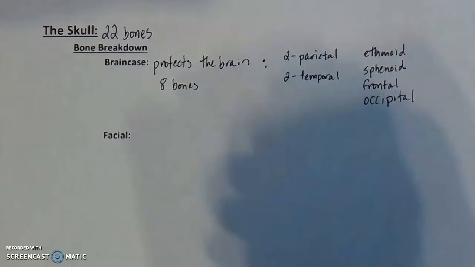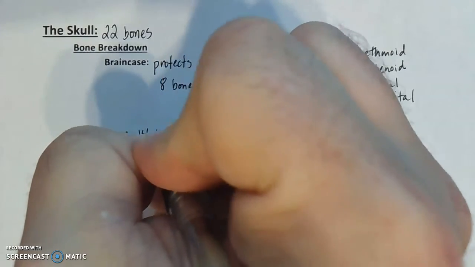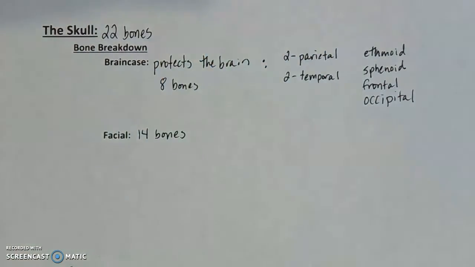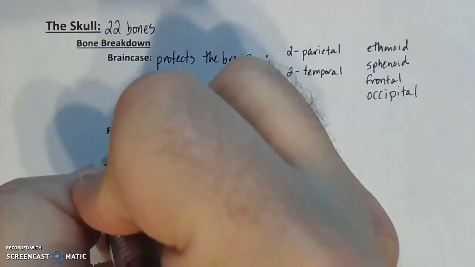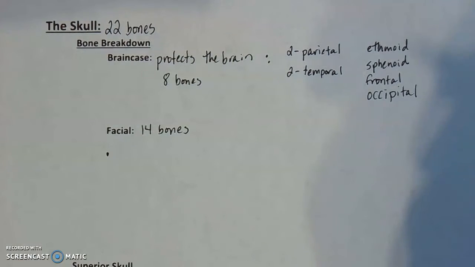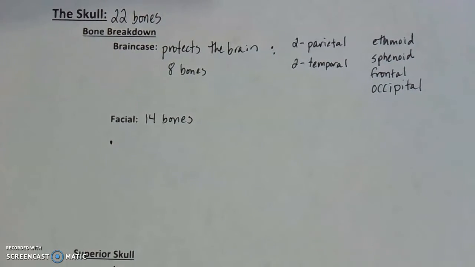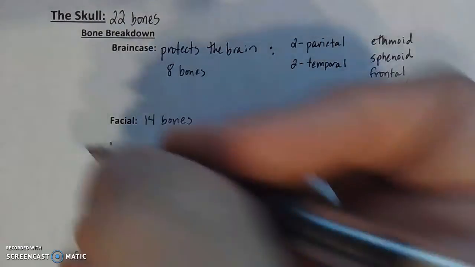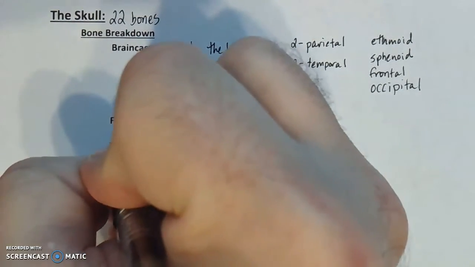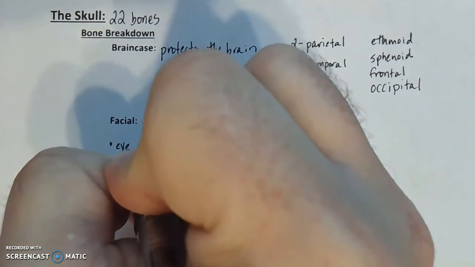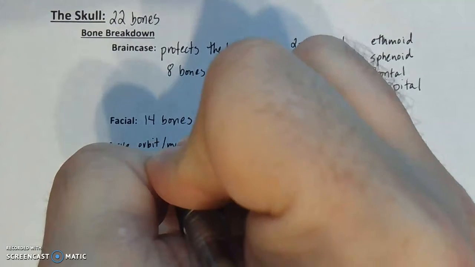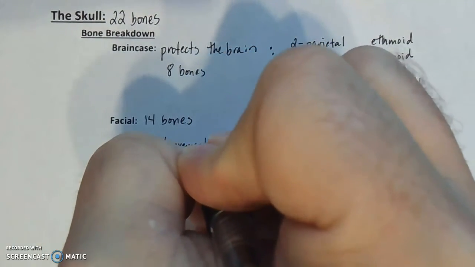The facial bones, we have 14. And we have different functions of these bones. So the brain case protects, and the facial bones deal with the eye orbit, which is involved with movement of the eye.